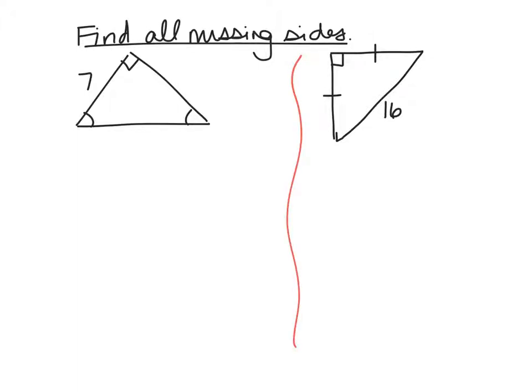So in my first example, notice that they've marked that these are isosceles right by showing that these 2 acute angles are congruent to each other, which means I know the 2 sides across from them are also congruent. So if one of the legs is 7, then obviously I can find that the other leg is 7.